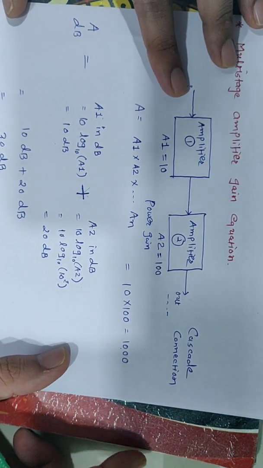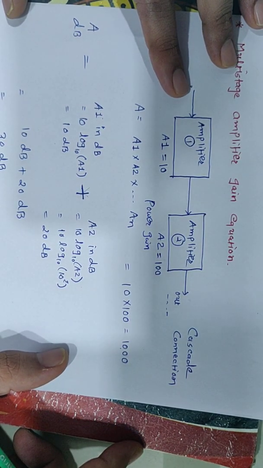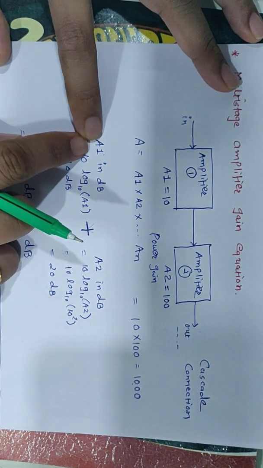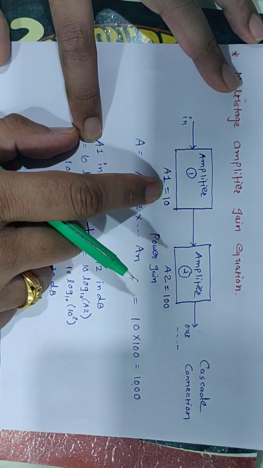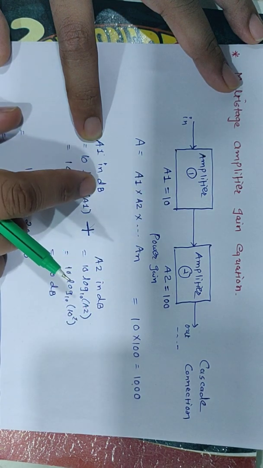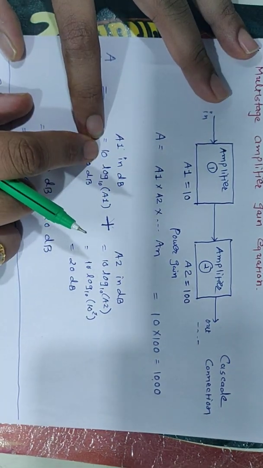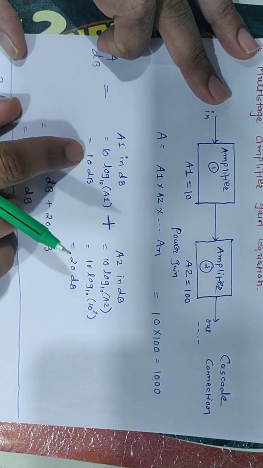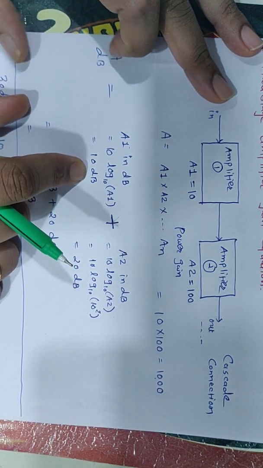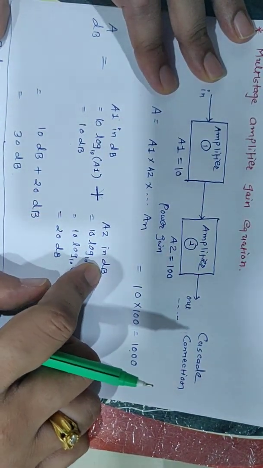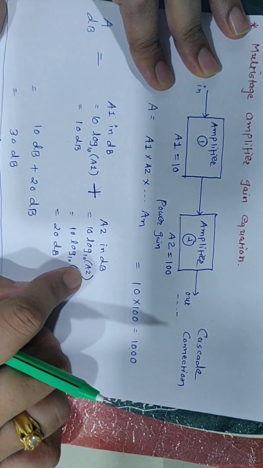Now, if we convert the gain of each stage into decibel, see the gain A1, which is normally written here as 10, which is not in dB. So we will convert it into dB first. That will become 10 log base 10 of A1, so it will become 10 dB. Now convert the second amplifier's gain into dB.